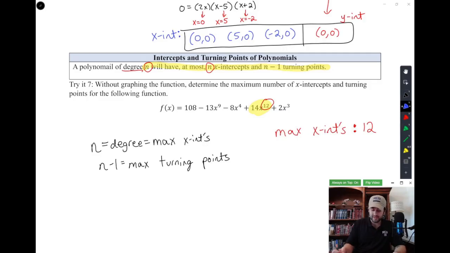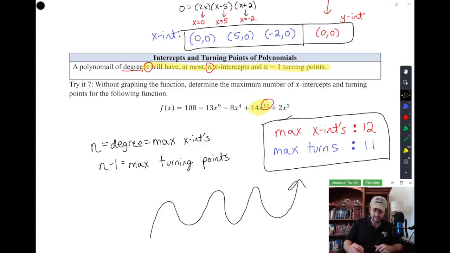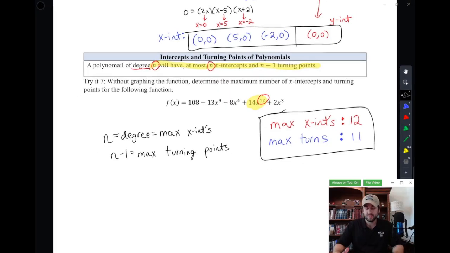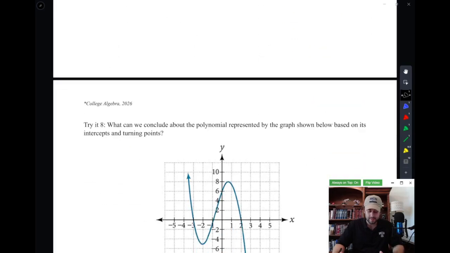And then if we look at the formula for max turning points, max turns is 11 because we just subtracted 1. So just a little fact about these graphs. Remember, they look like this. And so we've got some that turn around and some that only turn around once and some that turn around a whole bunch of times. But the maximum number of times that specific graph can turn around is 11, and the max times it can cross the x-axis is 12.